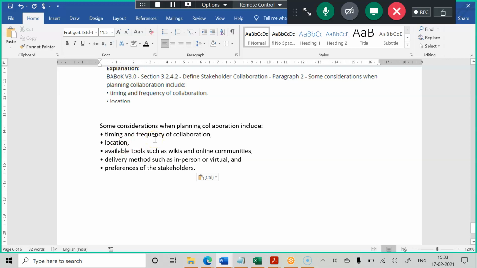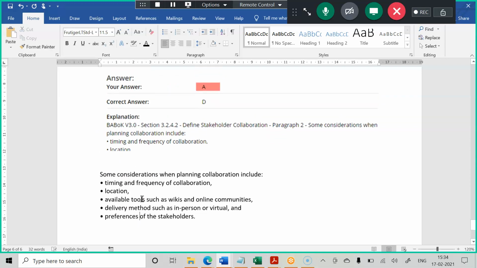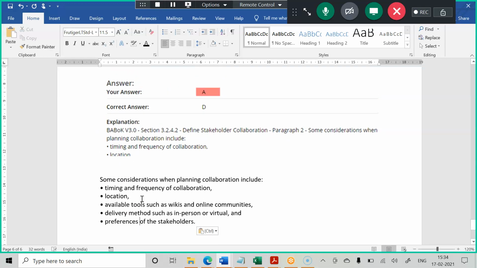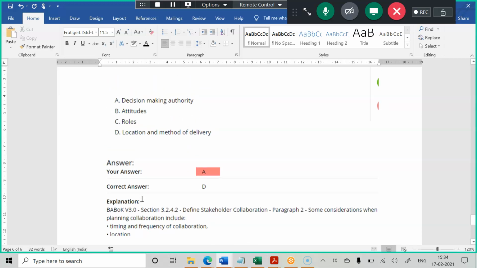You have to find out who, at what time, you can reach out to stakeholders, at which location, or what kinds of tools are available for interacting. So these things have to be kept in mind. But when you're planning the stakeholder engagement, at that phase you have to consider decision making authority, attitudes.